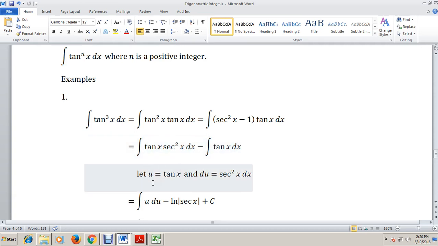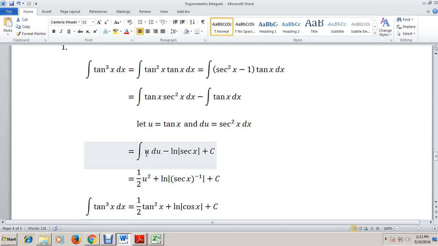So for this part, we let u equal to tangent x, realizing that du is equal to secant square x dx. So the form of the integral of tangent x secant square x dx is actually in the form of the integral of u du, which we can solve using the power formula.